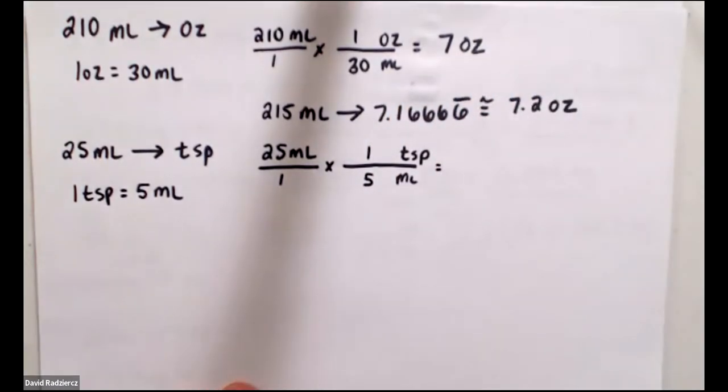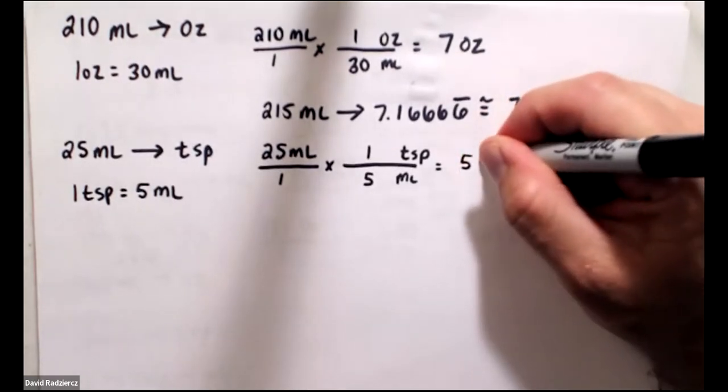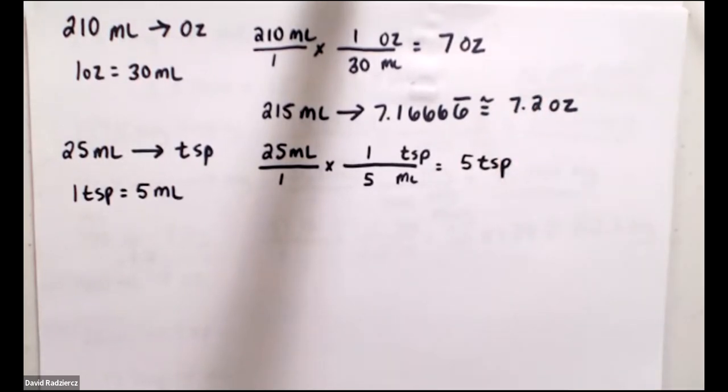So I'm doing 25 divided by 5, and I'm going to get 5 teaspoons. If that were something like 27 milliliters, I would then get 5.4 teaspoons.